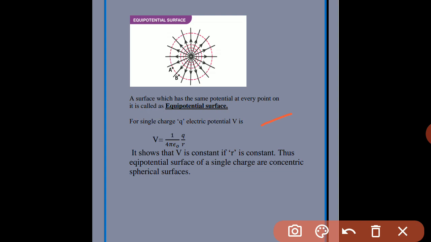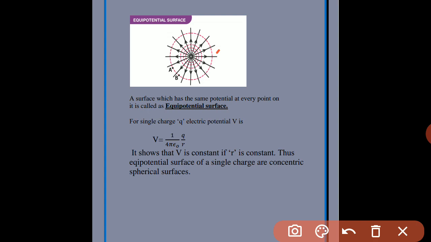Now for a single charge q, equipotential surfaces are concentric circles. Concentric in the sense is what? Concentric is nothing but having a common center. See here in this diagram, how many circles can you observe? 1 2 3 4, total 4 circles you can observe, right?